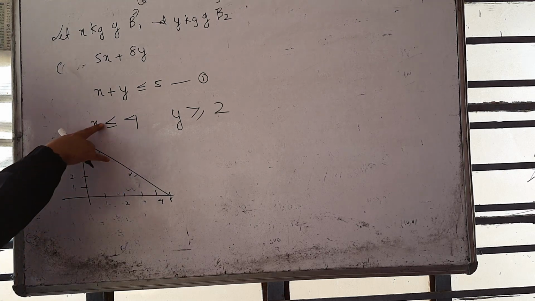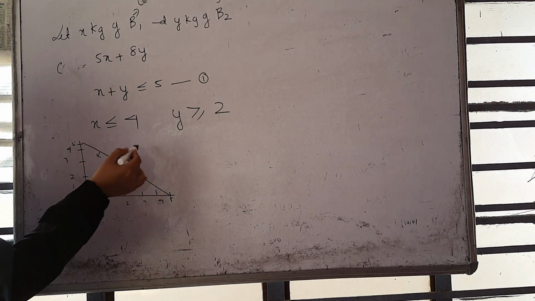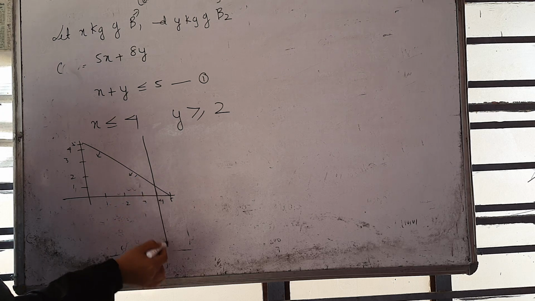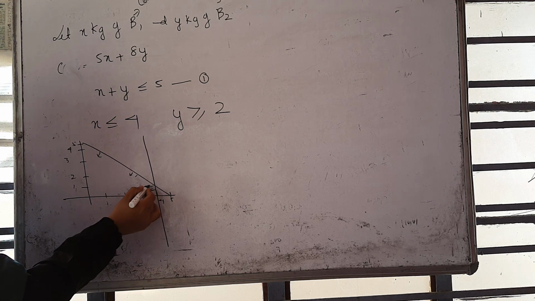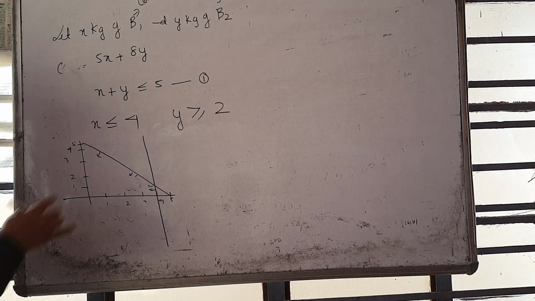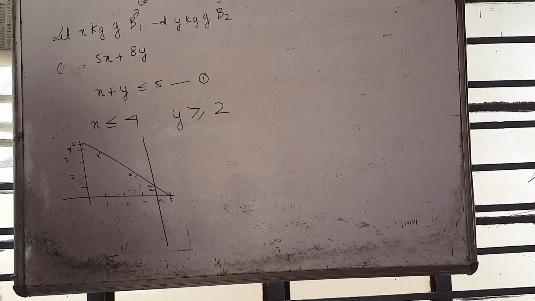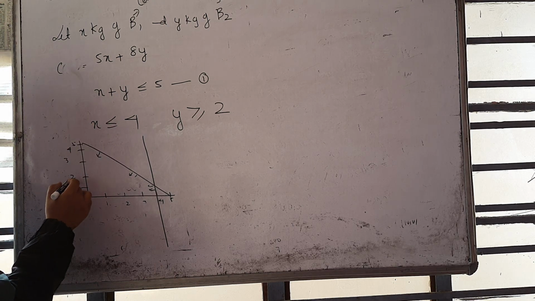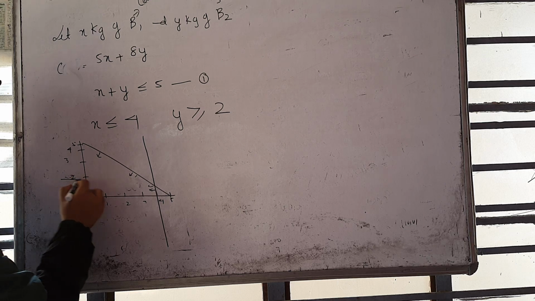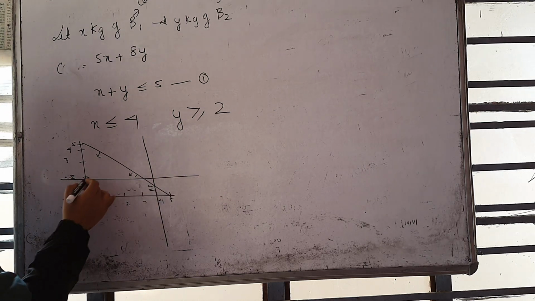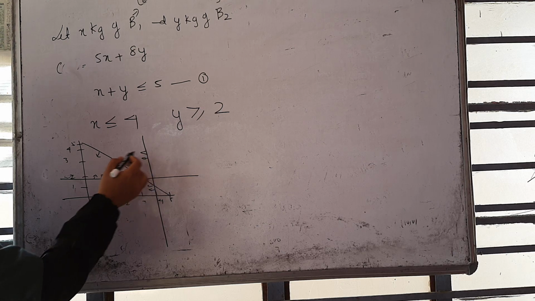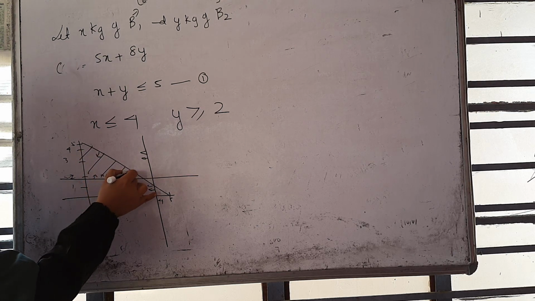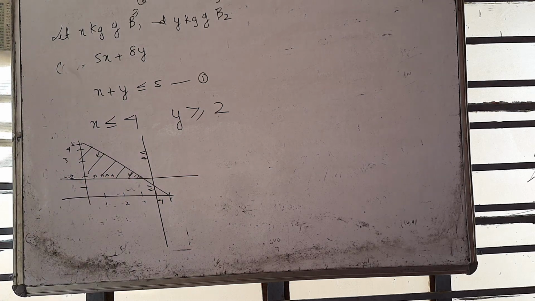For X equals 4, a line here. When you put 0, 4 is greater than 0, so the answer will be inside. Is it clear? Next, Y is greater than or equal to 2, so the line will be somewhere here. This will be outside and this says inside. So this is the feasible region. Is it clear, everyone? Yes or no?